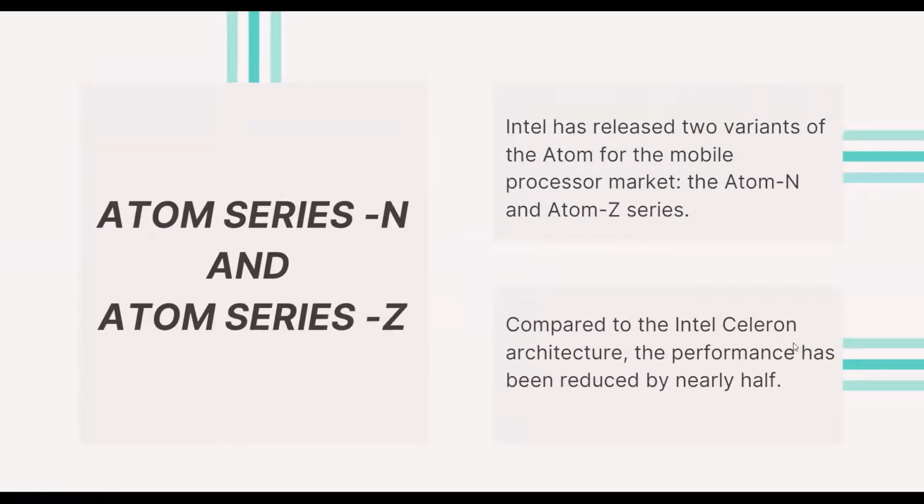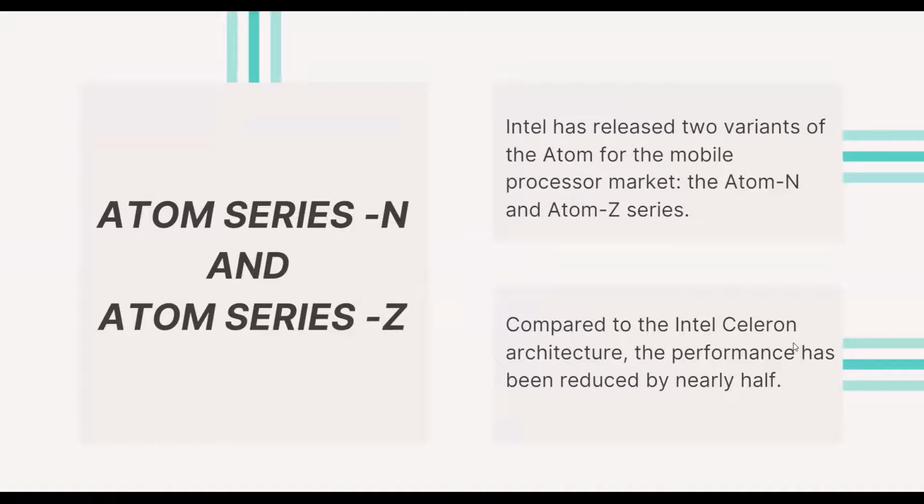Well, with time, Intel developed and created many series and many versions of Intel Atom. Intel has released 2 variants of the Atom for the mobile processor market, the Atom M and the Atom Zeta series.